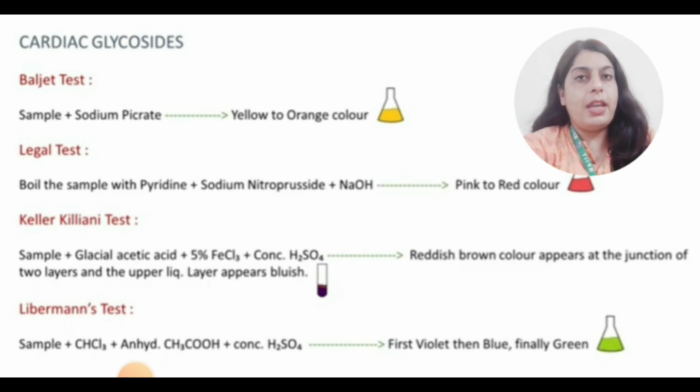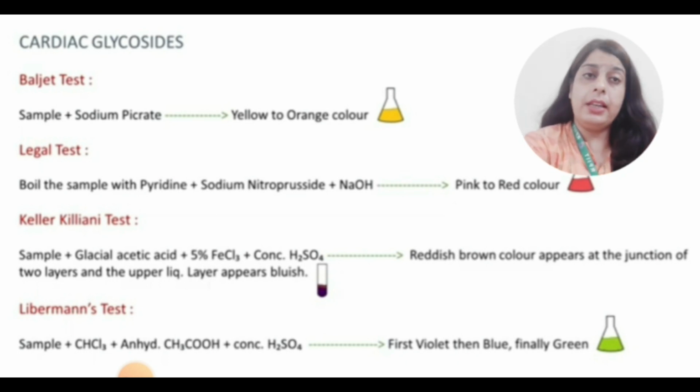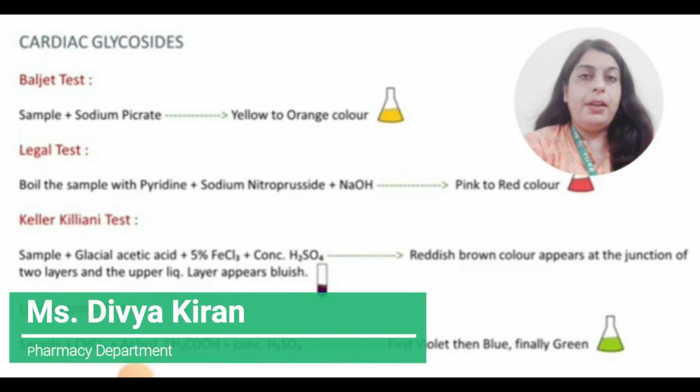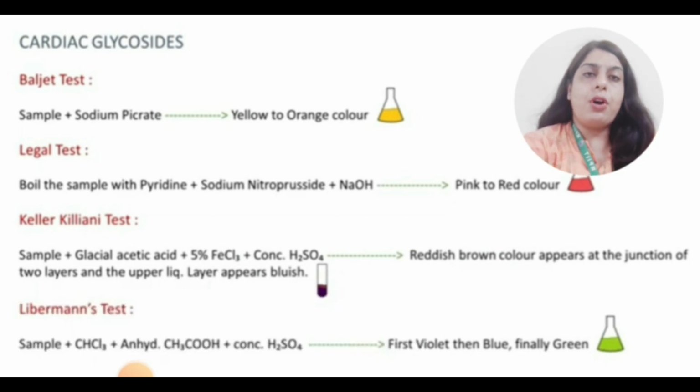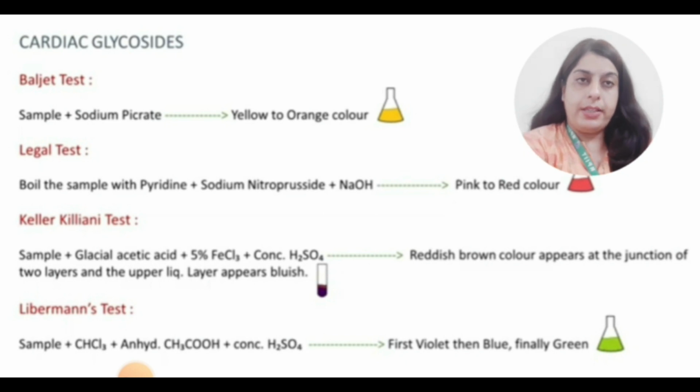The next is a very important test, that is the Keller-Kiliani test. In the Keller-Kiliani test, the sample of the drug is mixed with glacial acetic acid. A few drops of 5% ferric chloride are added. Then 2 to 3 drops of concentrated H2SO4 are added and the solution is mixed. Afterwards, a reddish brown color appears at the junction of the test tube.